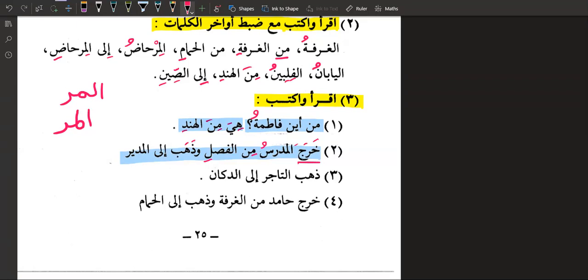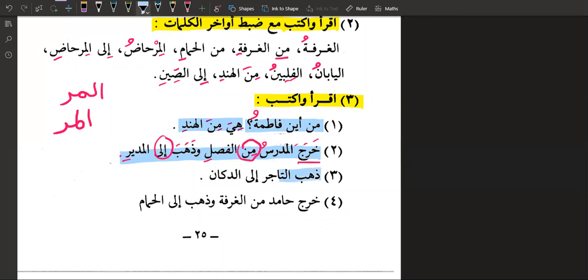The teacher left from the class and went to the head teacher. So we have إلى, a preposition, and من, a preposition.